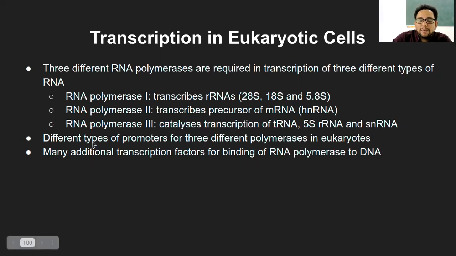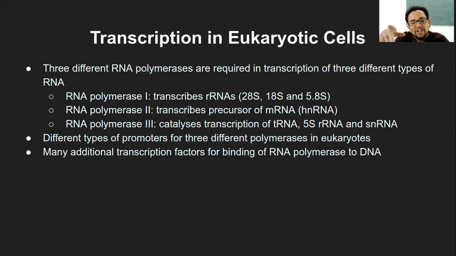Again, there are different types of promoters for the three different polymerases, which is quite obvious. Otherwise, if all three polymerases had the same promoter code, which polymerase should bind would always be a question. Instead, RNA polymerase 1 will have a different promoter region, RNA polymerase 2 will have a different promoter region, and so on. So they will always be different promoter sequences for all three types of polymerases.